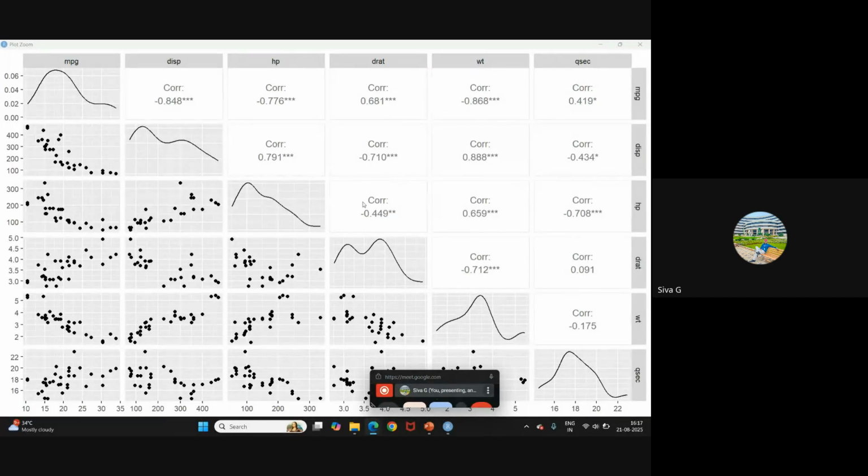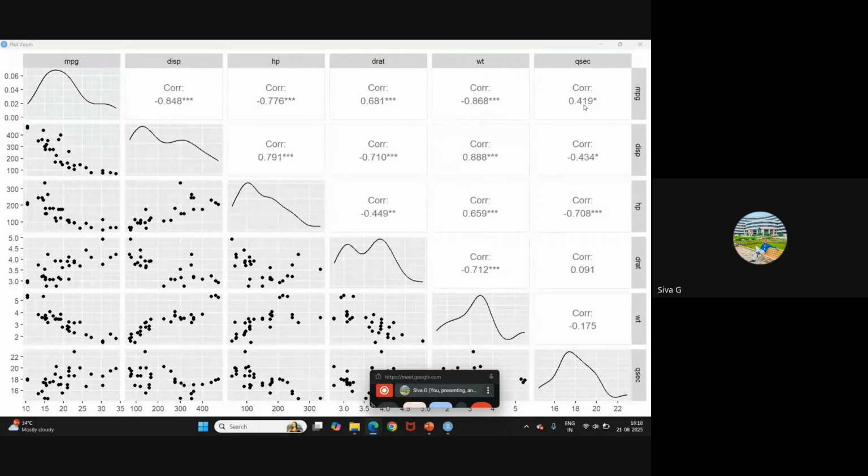Here, the correlation between DRAT and HP is a little weak and negative. However, there is significance: minus 0.44 is significant at the 1% level. And this one is highly significant.